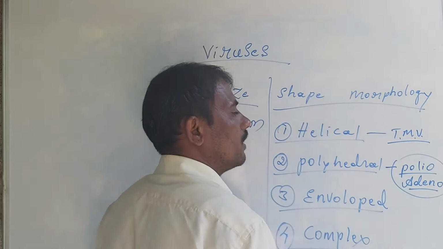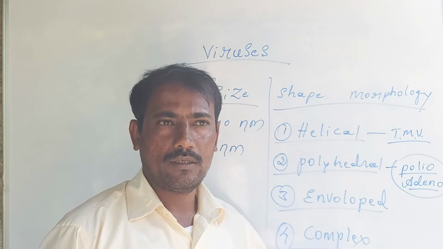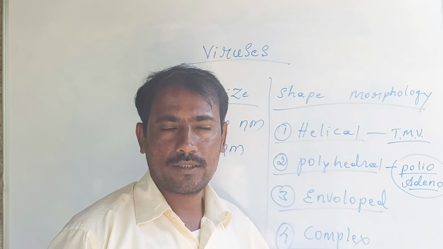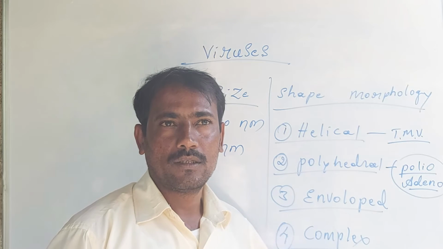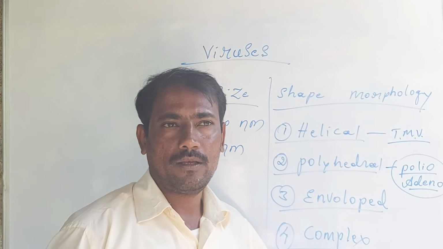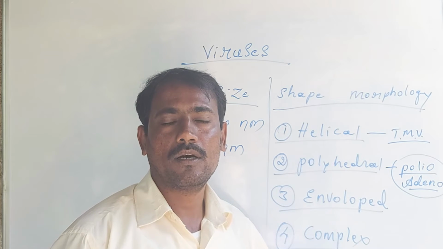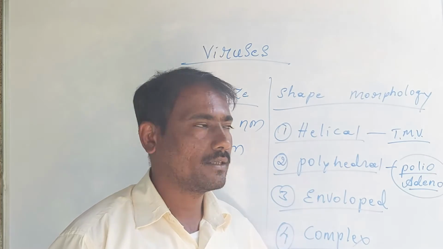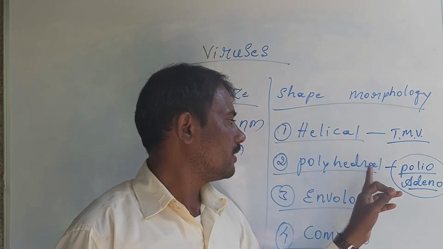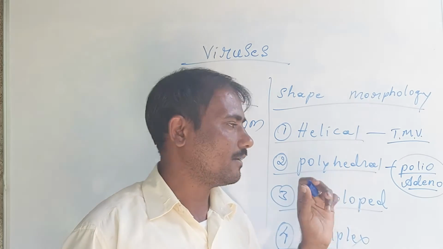These two are animal viruses. The poliovirus infects human beings and causes a disease known as poliomyelitis. Very specifically, the poliovirus infects the nervous system, the neurons or nerve cells of the body of human beings. So it exhibits a polyhedral morphological shape.